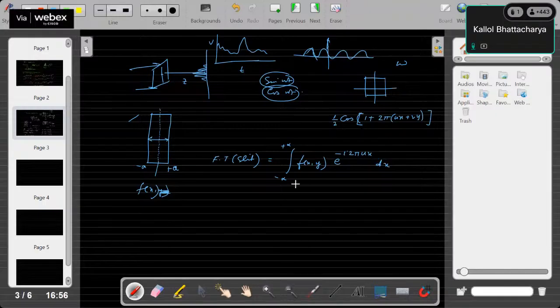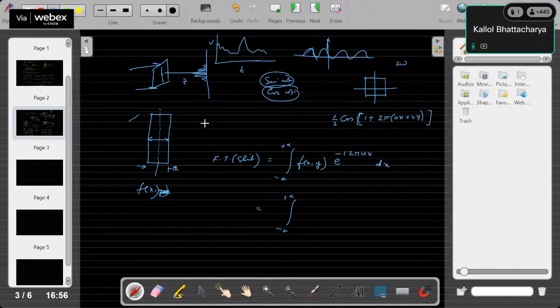Now the slit exists only between minus a to plus a. Even though our limit of integration is minus infinity to plus infinity, the slit exists only between minus a to plus a, so this is equivalent to minus a to plus a. The slit is defined as within minus a to plus a, the transmittance is 1, f(x) equal to 1.